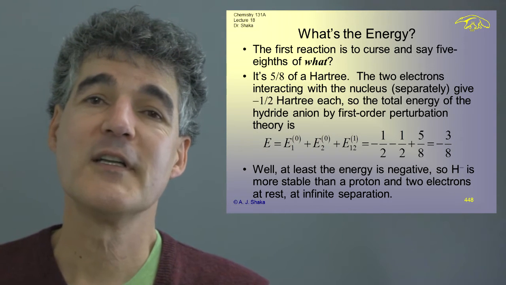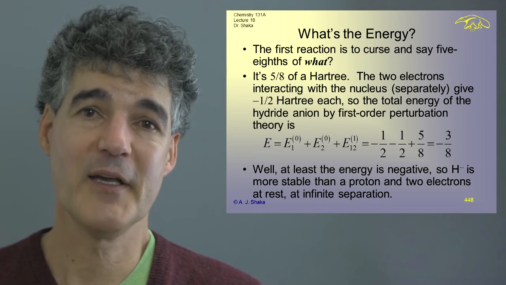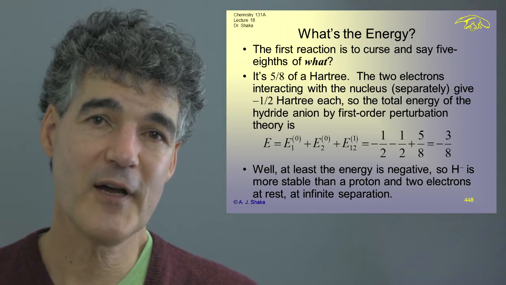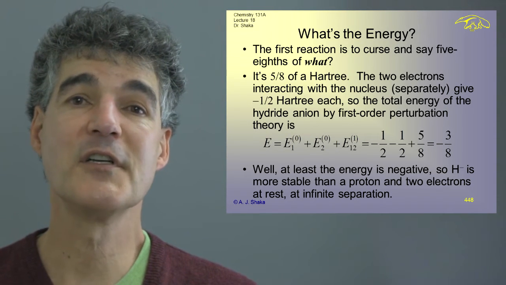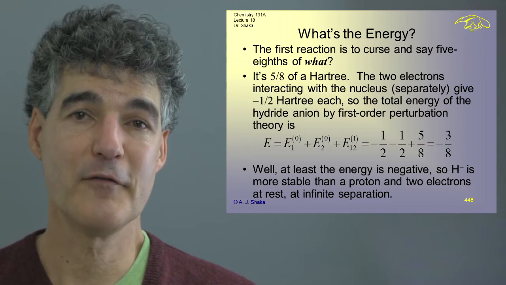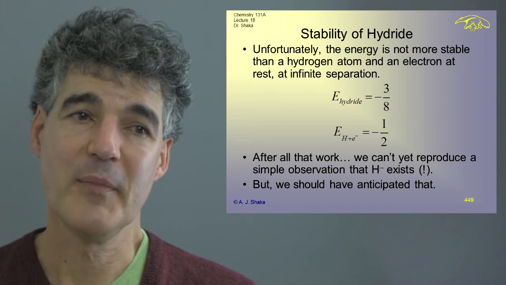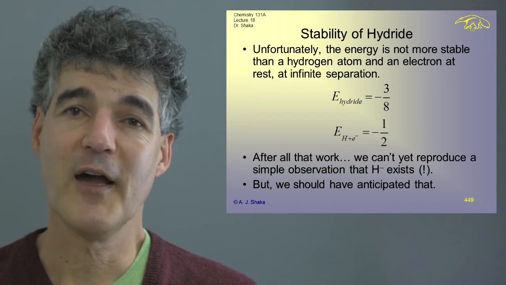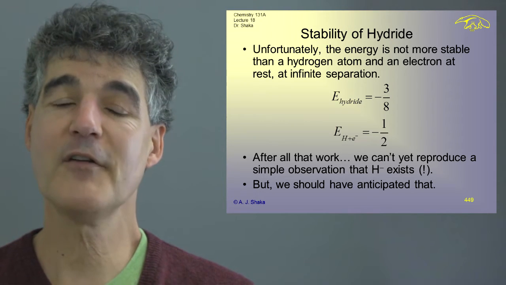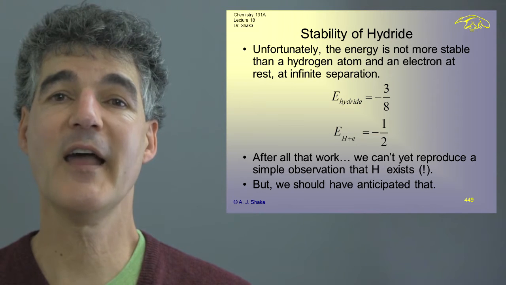Well, unfortunately, that is a pretty low bar to have to meet, because that's not the question. The question really is, is hydride stable compared to a hydrogen atom, which we know is stable, and an electron at infinity? And that's a real sour ending, because the energy of the hydride is minus 3/8 of a Hartree, and the energy of a hydrogen atom plus an electron is -1/2.